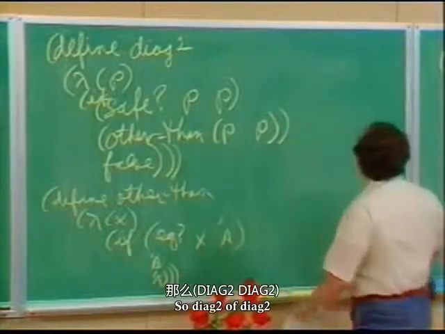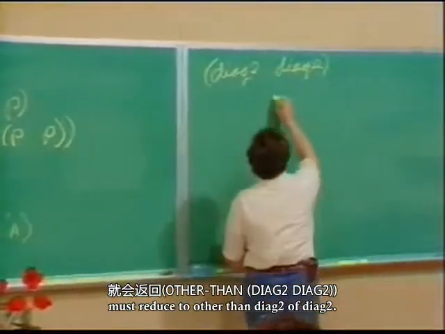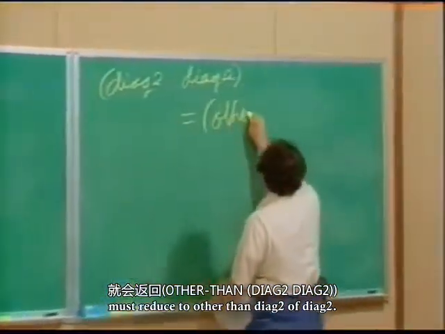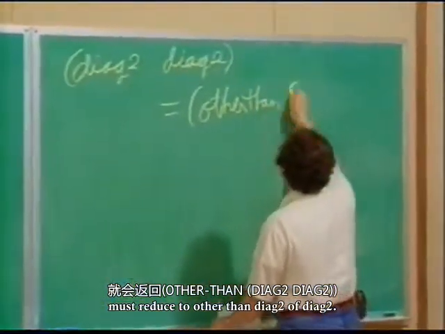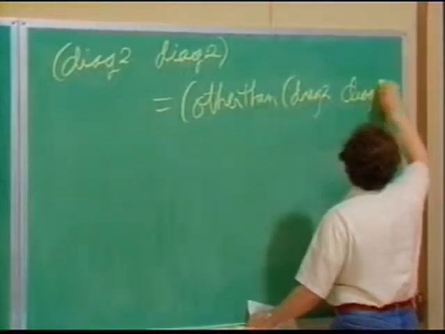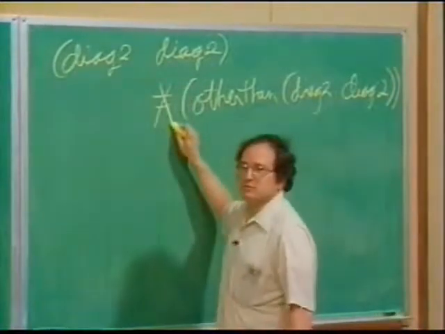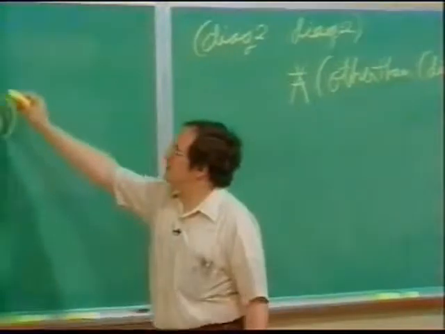Okay? So diag2 of diag2 must reduce to other than diag2 of diag2. And that doesn't make sense. So we have a contradiction, and therefore we can't define safe.